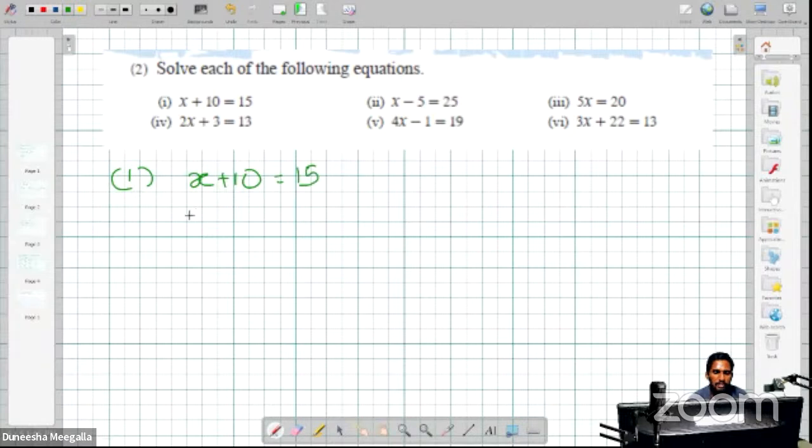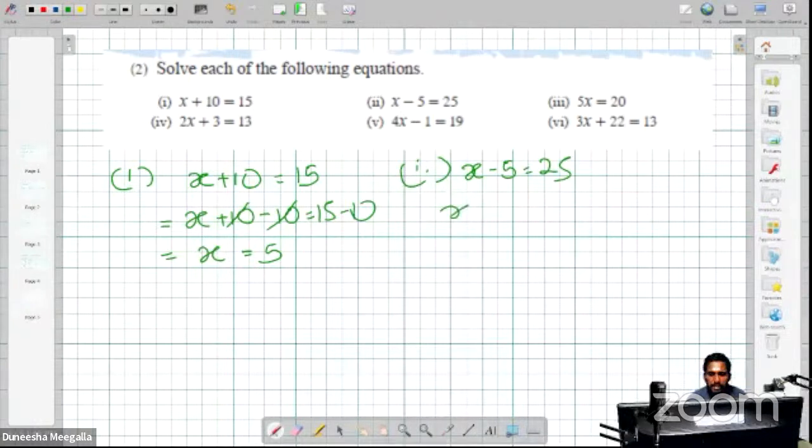First one: 5x plus 10 minus 10, 15 minus 10. x is equal to 5. Second one, x minus 5 equal to 25. x minus 5 plus 5, 25 plus 5. x equal to 30.